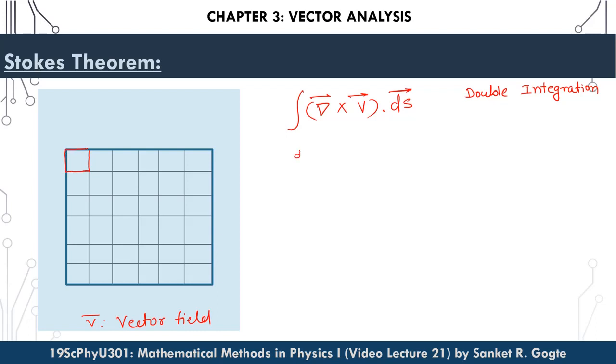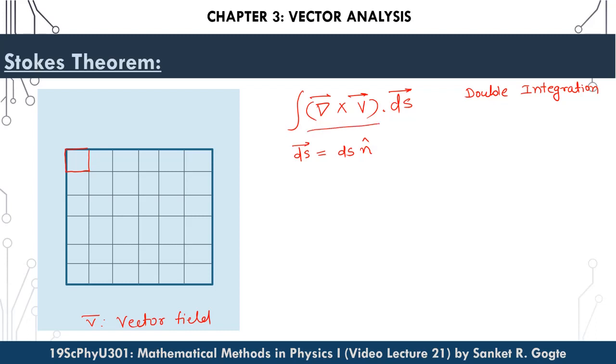Then you define a vector associated with each of the area elements, which is equal to magnitude of the area, which is same for all the area elements, times the unit vector which is perpendicular to the area element at the given point.